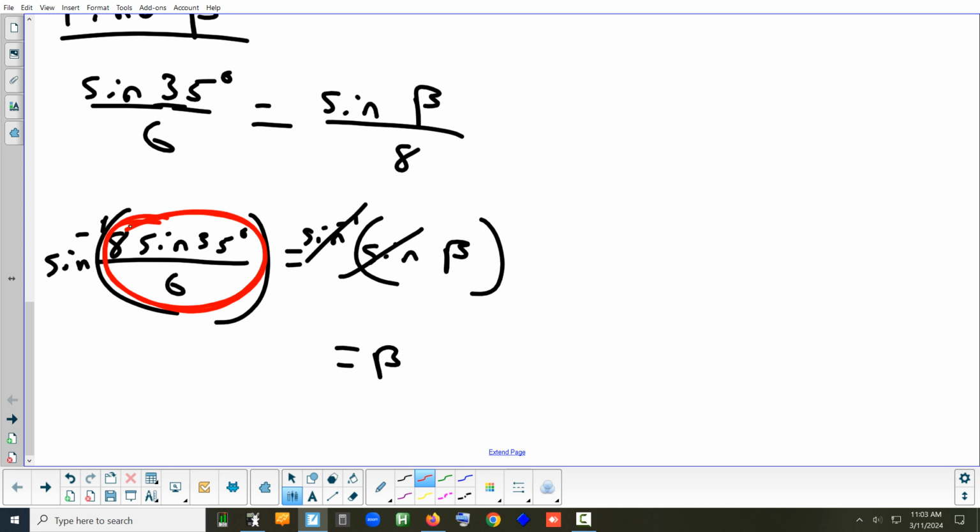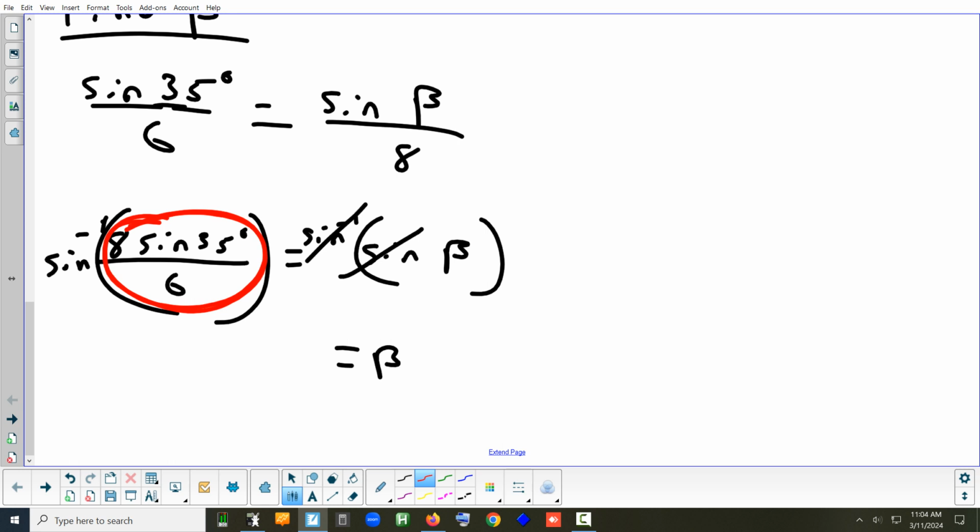Positive. How about if you multiply that by 8? A positive number times 8 is positive. And what if you divide that by 6? It would still be positive.